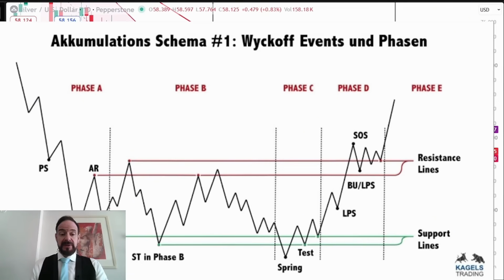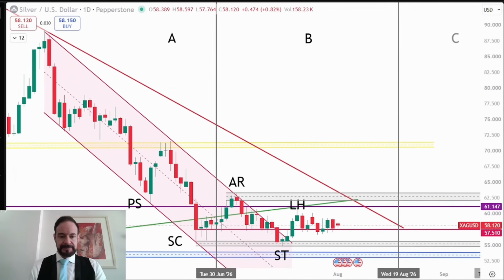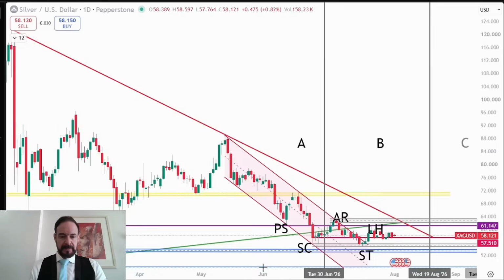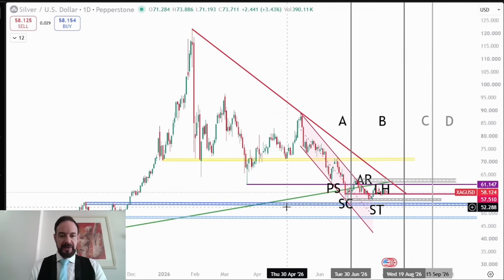Now, how low can the spring go? That's what everybody wants to know. And this is the interesting part with silver. We have 2 very interesting parts with silver when it comes to this. The first part is that we have this dark blue support zone around $53 to $54.